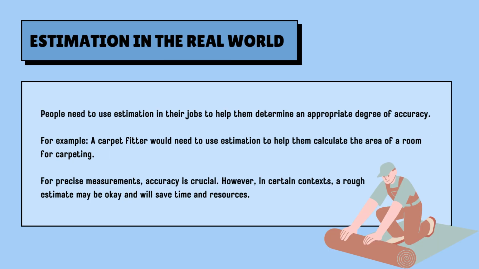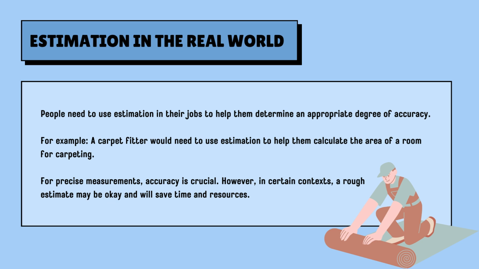Estimation in the real world. For everything we learn in math, most of the time we will use it somewhere in the real world. Even if you don't always think so, everything is always math and calculation. People need to use estimation in their jobs to help them determine an appropriate degree of accuracy. For example, a carpet fitter will need to use estimation to help them calculate the area of a room for carpeting.